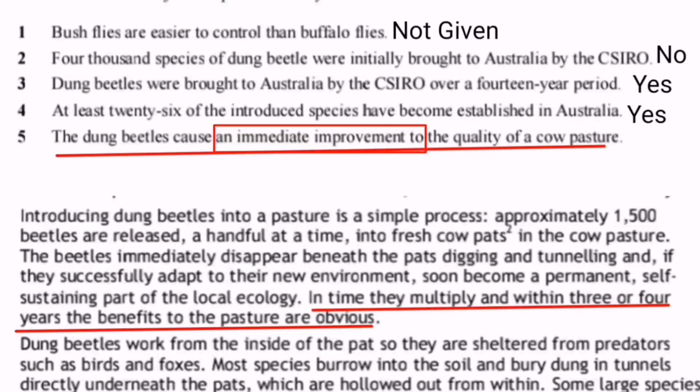So we can say that dung beetles were beneficial for the cow pastures within 3 or 4 years of their introduction. Whereas question number 5 is, the dung beetles cause an immediate improvement to the quality of a cow pasture. So the answer to question number 5 is no.